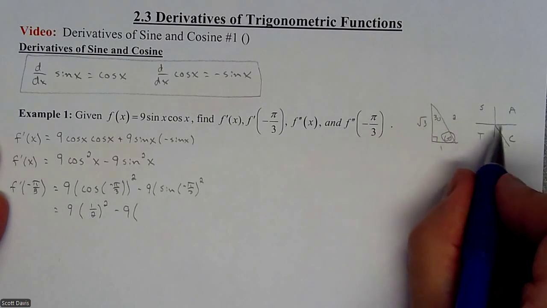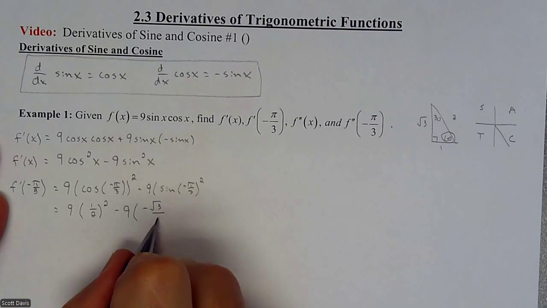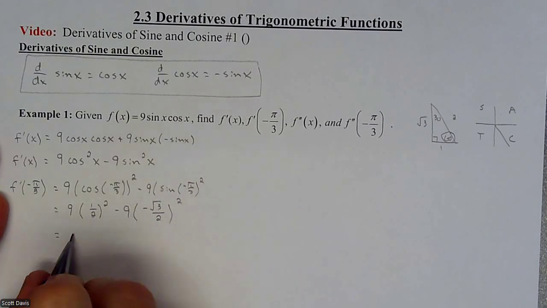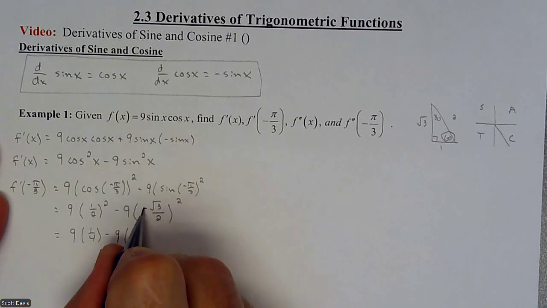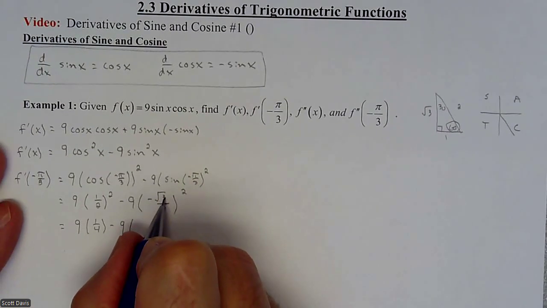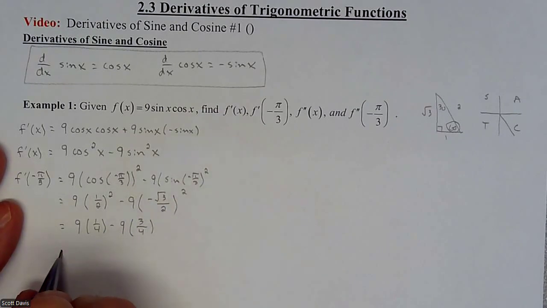Sine is root 3 over 2, but it'll be negative, so negative root 3 over 2, but we're squaring it, so the negative goes away. We're squaring the root 3, so that's 3 over 4. So we're looking at 9 times a fourth minus 9 times three fourths.